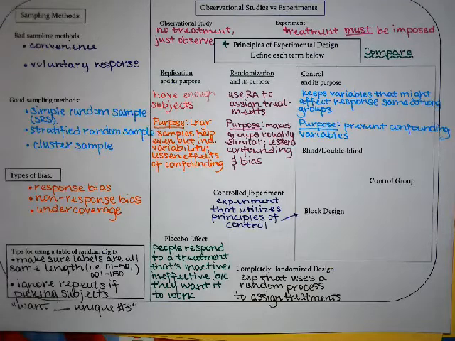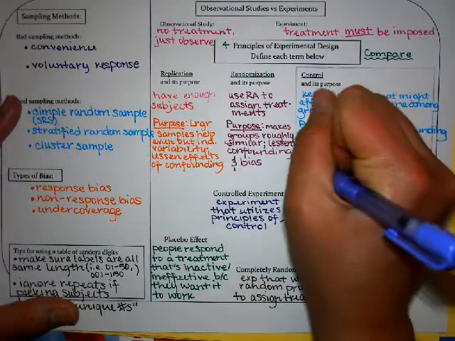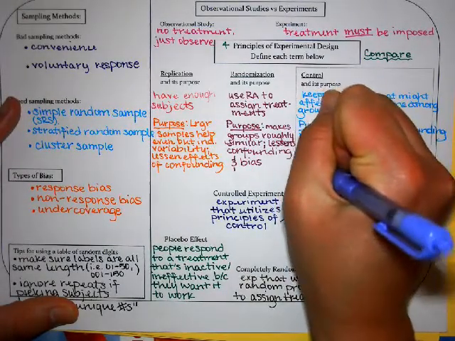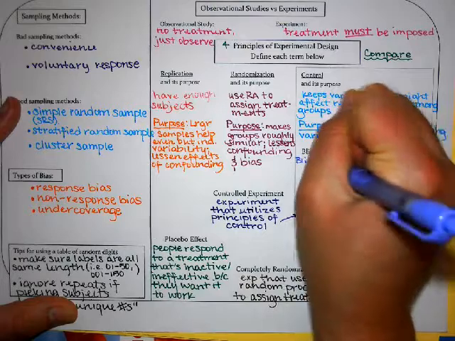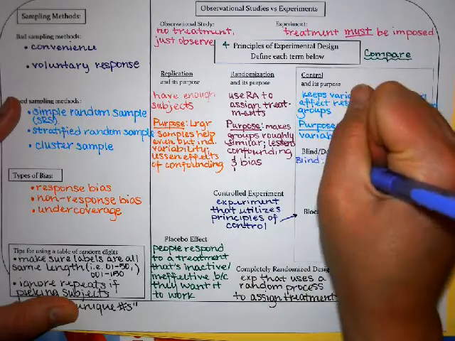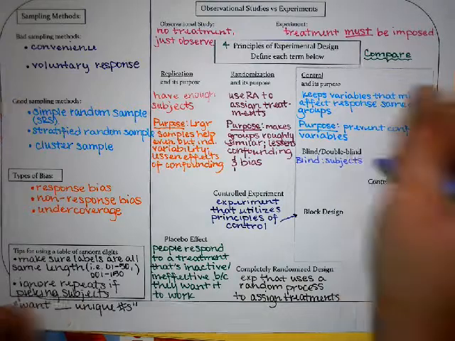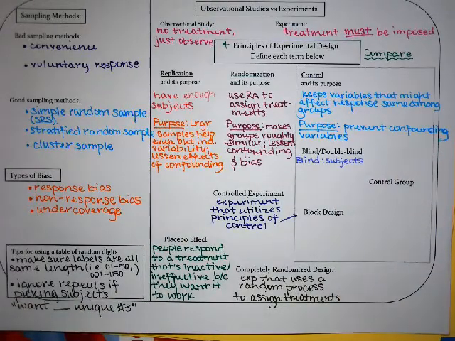Sorry, I was getting a different color. So, blind. Like I said, I'm just going to put subjects don't know. There are a few cases where the subjects would know, but the experimenters wouldn't. As long as one set, subjects or experimenters, doesn't know, it's single blind or just blind.